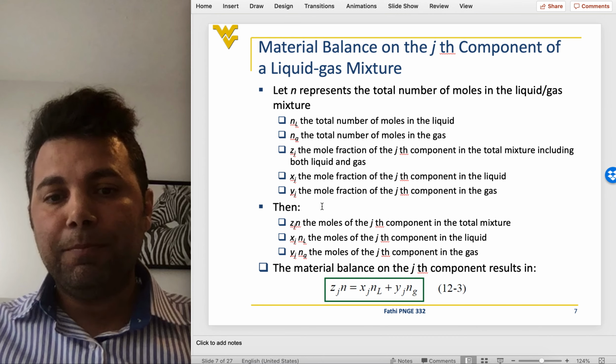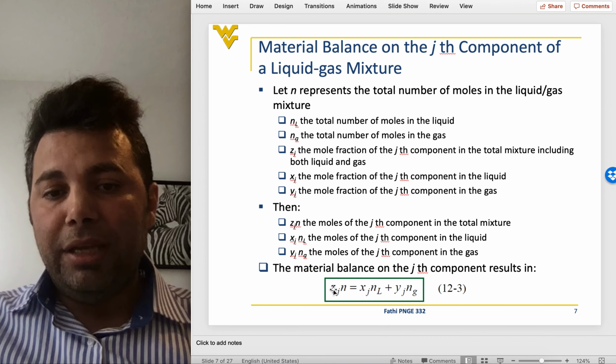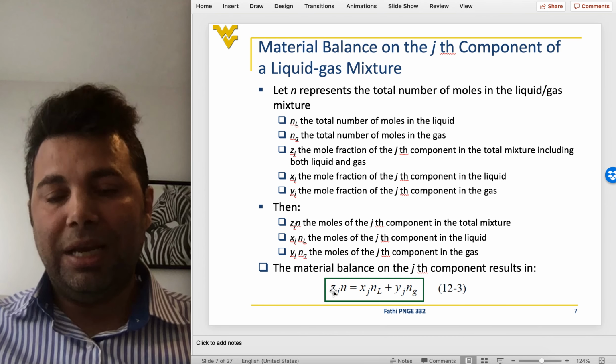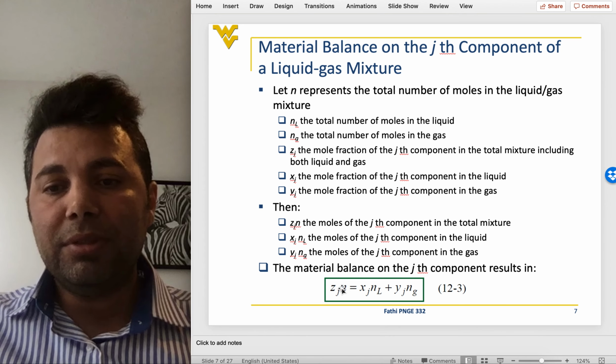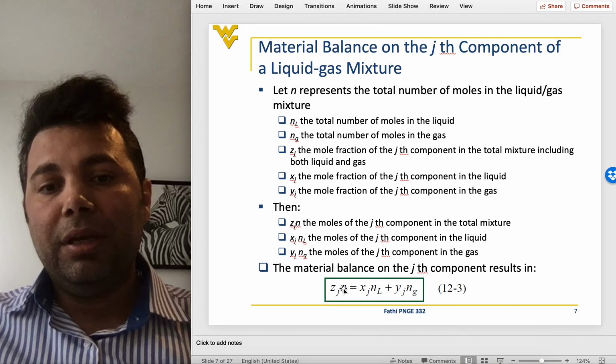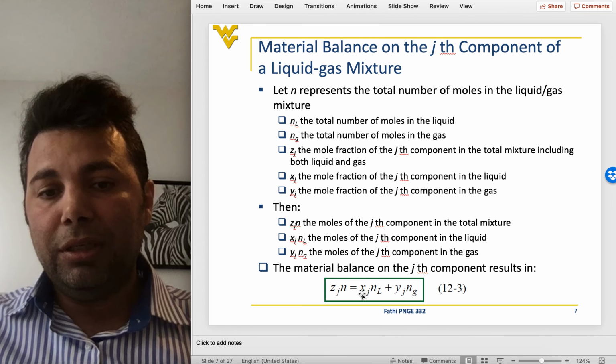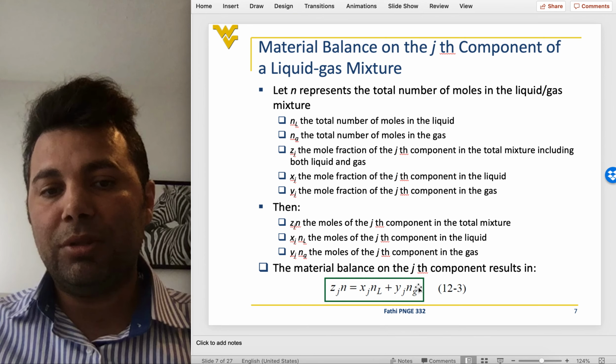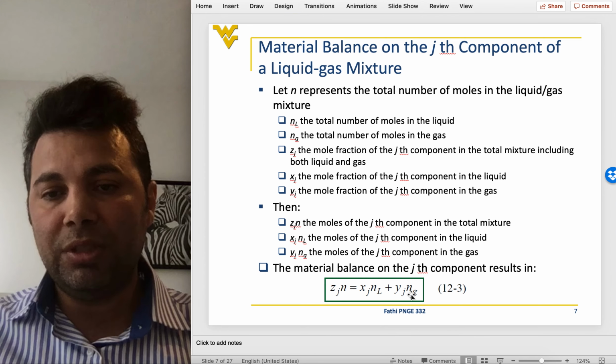So I can say if Zj is the mole fraction of the component J in the total mixture, including gas and liquid, times the total number of moles in the mixture, this is equal to the mole fraction of that component in the liquid times the number of moles of the liquid plus the mole fraction of that component in the gas times the total number of moles in the gas.